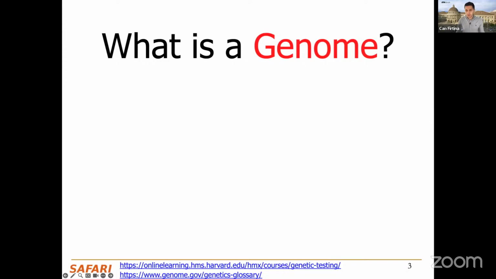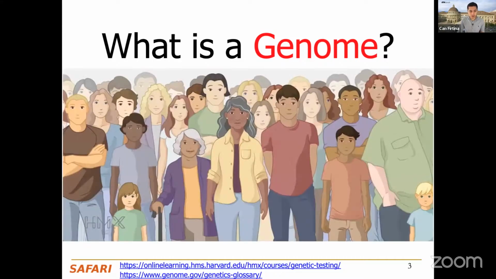So then, what is a genome? We're talking about genome analysis, and we're saying that it is important, but it is also important for us to understand what a genome is.